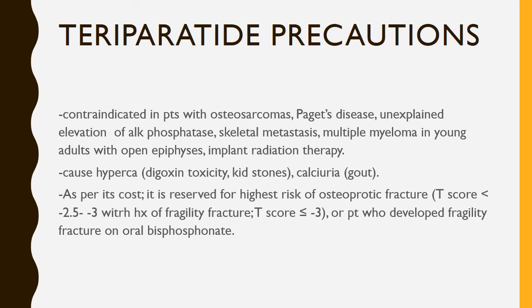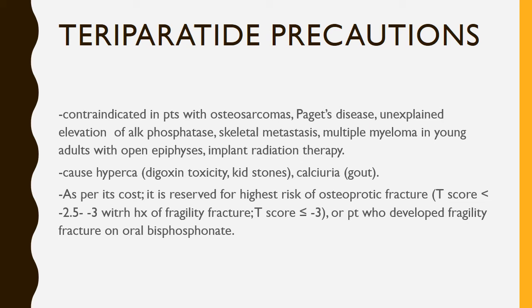As per its cost, it is reserved for highest risk of osteoporotic fracture: a T-score more than minus 2.5 up to minus 3 with history of fragility fracture, or T-score less than or equal to minus 3 from the start without fracture, or a patient who developed fragility fracture on oral bisphosphonate.